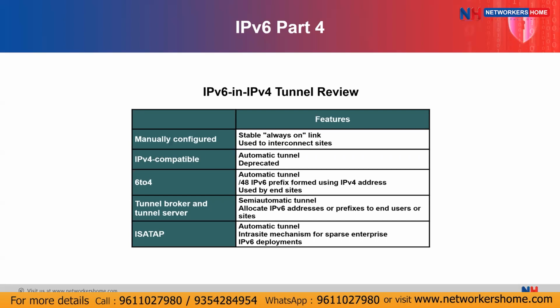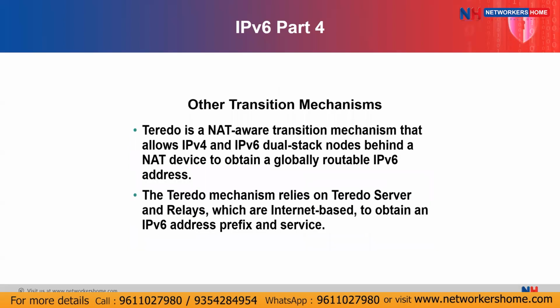IPv4-compatible automatic tunnel; 6to4 automatic tunnel, a /48 IPv6 prefix formed using the IPv4 address used by the end site. Tunnel broker and tunnel server: semi-automatic tunnel, allocating IPv6 addresses or prefixes to end users or sites. And ISATAP: automatic tunnel, intra-site mechanism for sparse and enterprise IPv6 deployment.